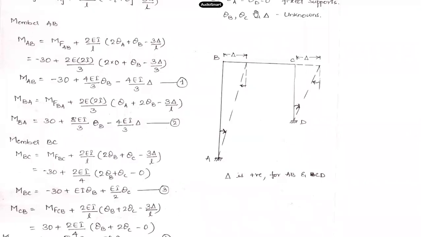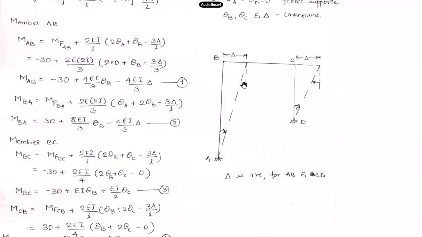So it is important that you identify the correct direction of rotation and then assign the proper sign for this delta. If this rotation is in clockwise direction, delta is taken positive, else it will be negative.